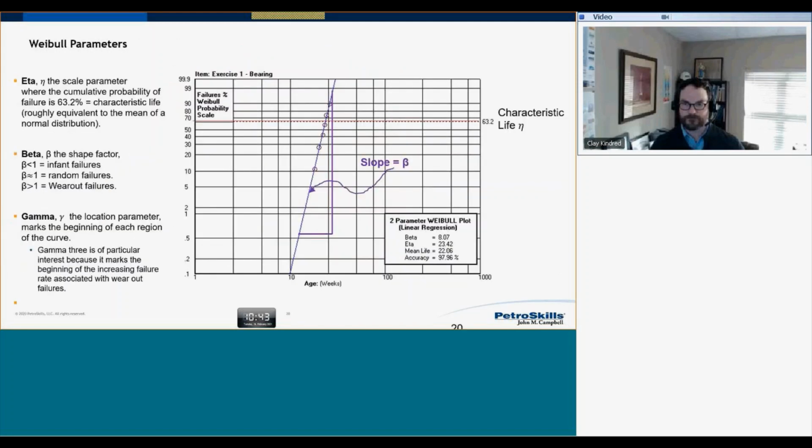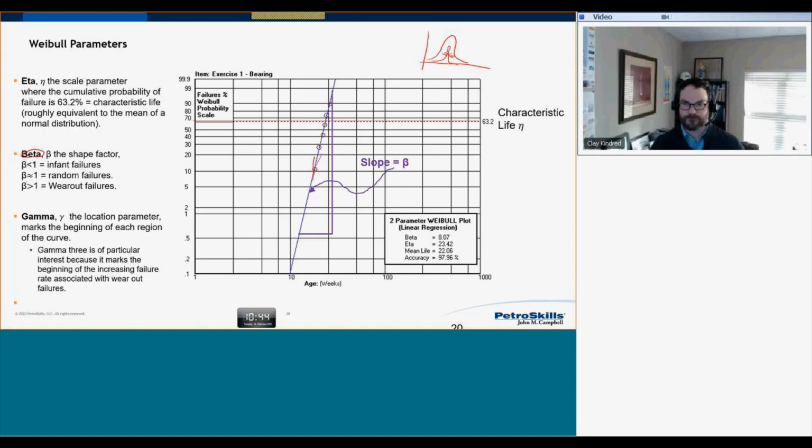But it gets even better. Because what Weibull also said was if I look at the slope of that line, that is giving me the same sort of thing as the shape of that bell curve. If the bell curve is very tight, the slope is more towards the vertical. That means if I've got a very tight bell curve there, a vertical slope on this Weibull curve, this is called the beta factor.